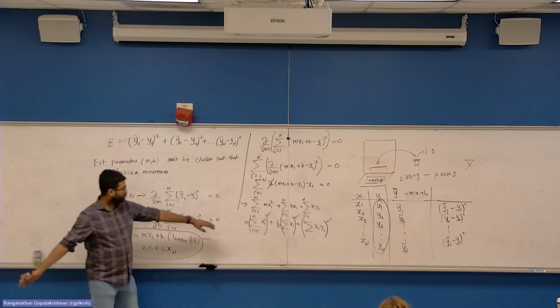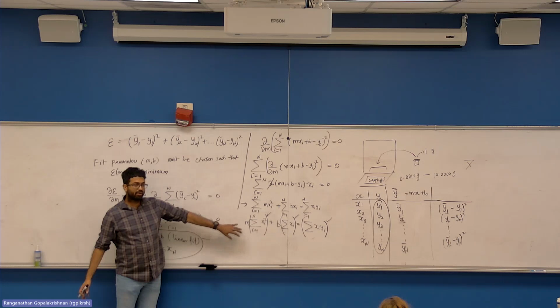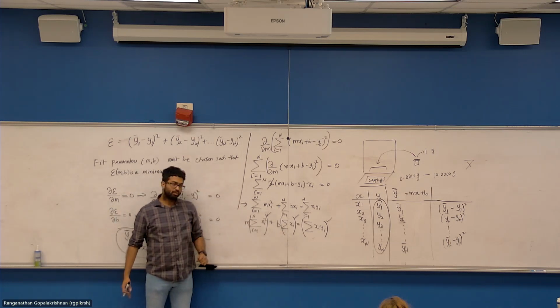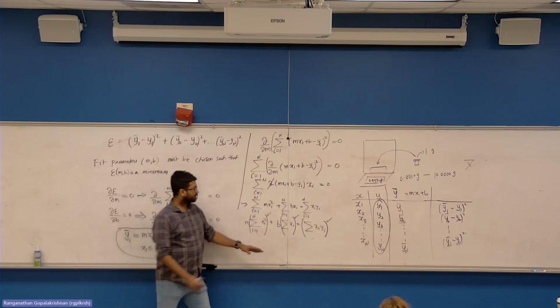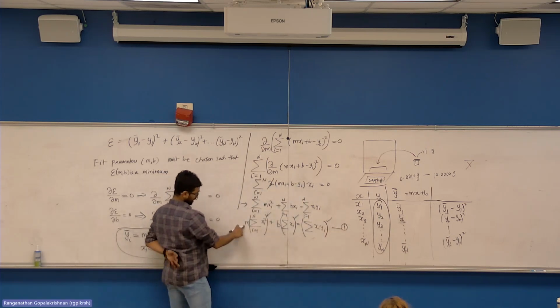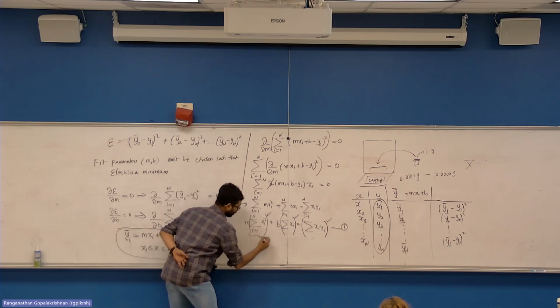In a minute, we are going to do this in Excel, where you're going to automate it and get these summations. Okay, so this is equation 1, which has m and b, and these are the coefficients.